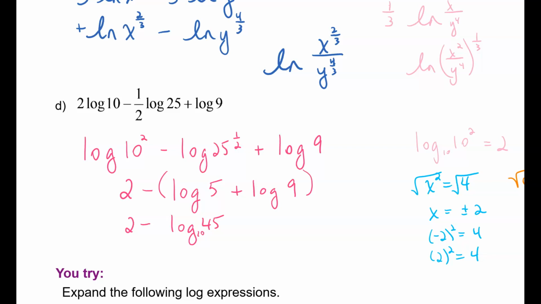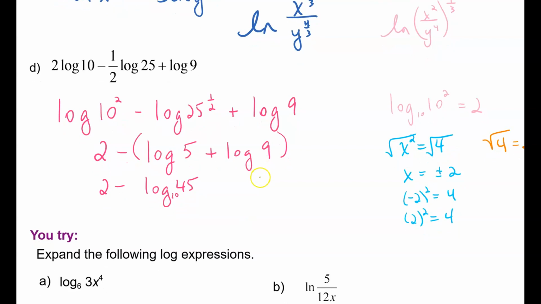So let's go ahead and, instead of turning that into 2, let's go ahead and combine everything. So we started with this. Make a little bit of room here. Okay, so that would have been, do a different color so it stands out a little more. Okay, that would have been log of 100 minus log of 5 plus log of 9.